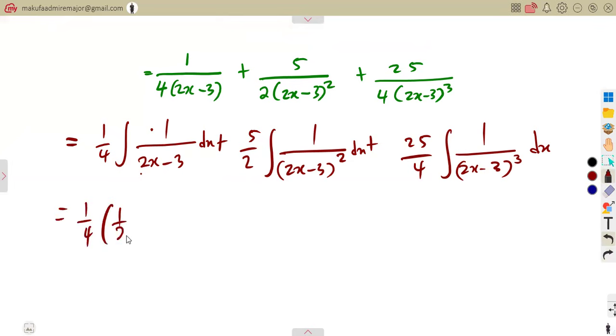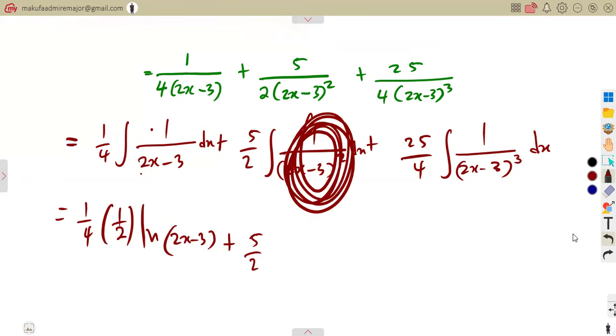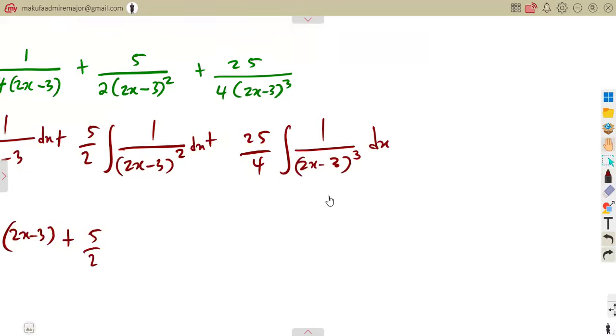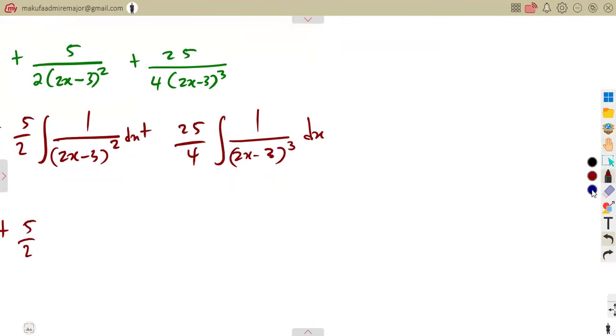So it's going to be 1/2 the ln of this denominator. All right. So you can simplify that. Plus 5/2 times the integral of this. How are you going to integrate this part? There we can use the substitution method, the integral of 1/(2x minus 3) squared.